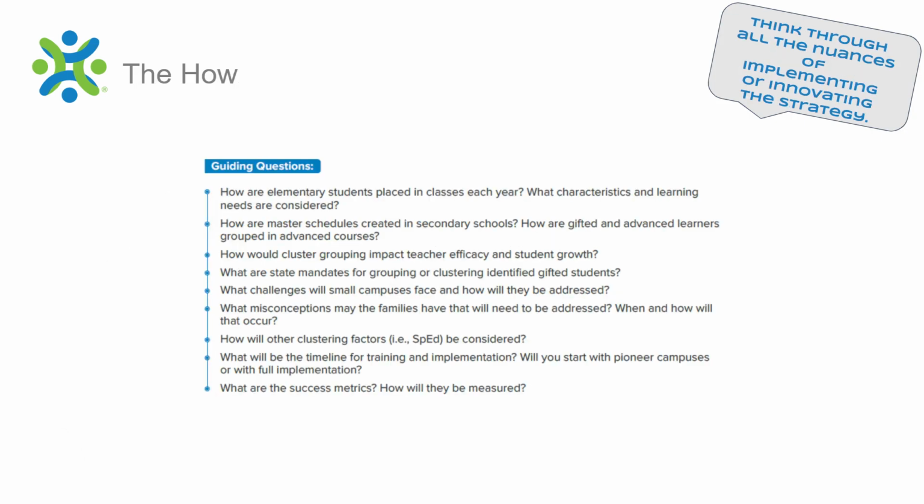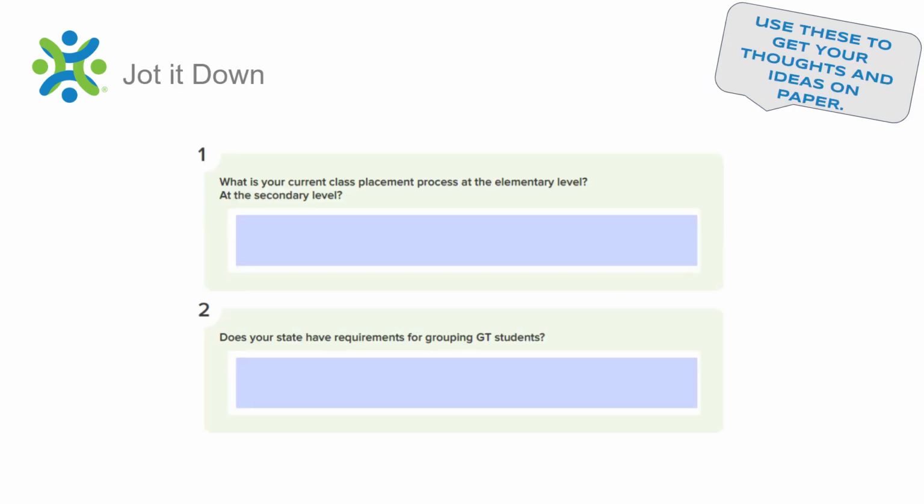So let's dive into the guiding questions. First of all, let's take a review of how we currently place our students in classes. In elementary schools, traditionally we have used systems that you may have heard called the blue and pink card system. In other words, girls got pink cards and boys got blue cards.